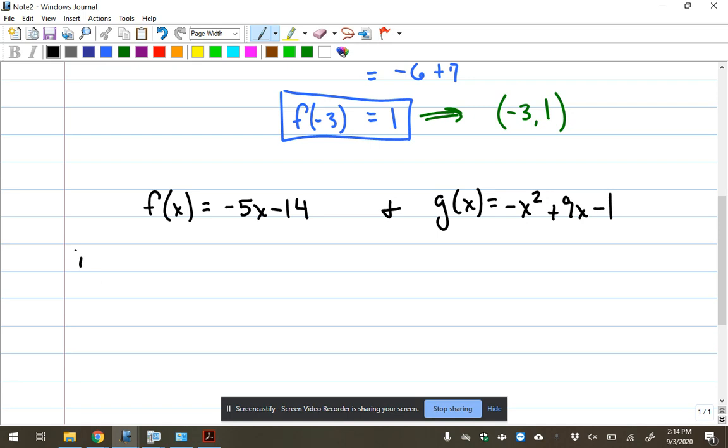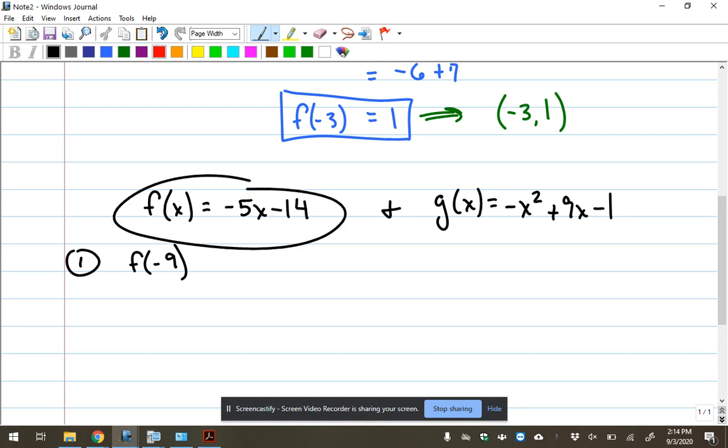So I'm going to do number 1. And it's asked us to do f of negative 9. Which one of those do I plug into? The f of x function. That's what you mean. You're trying to say use this one to do number 1. That's correct.